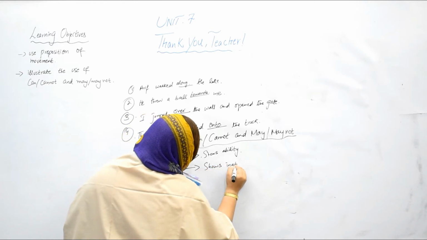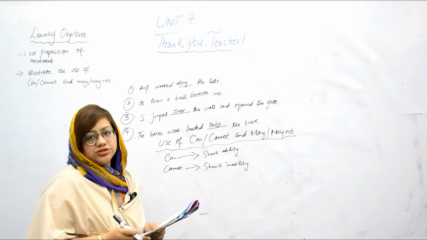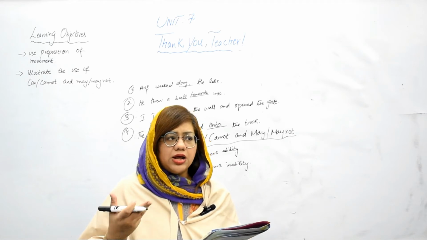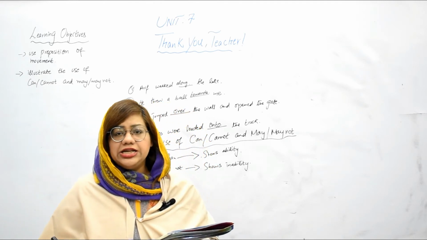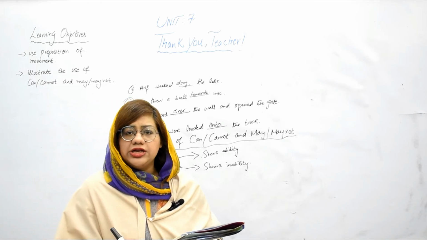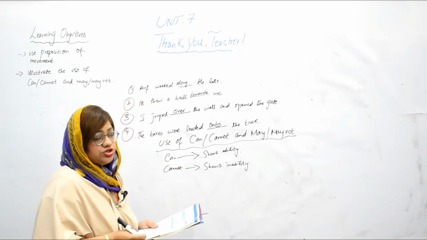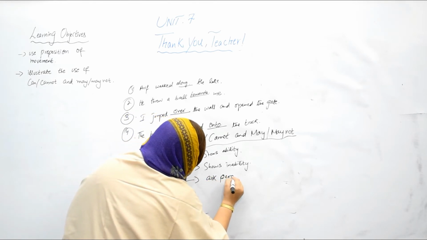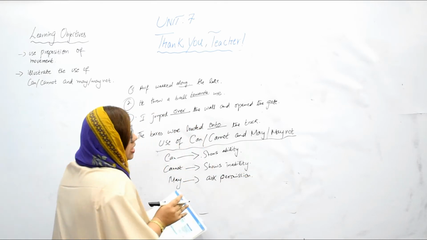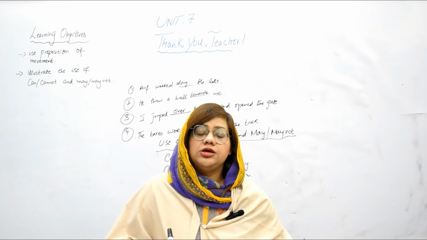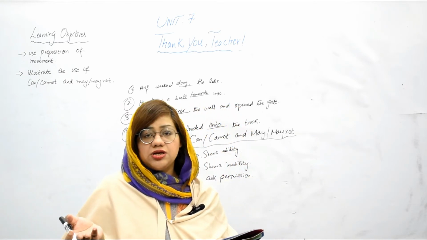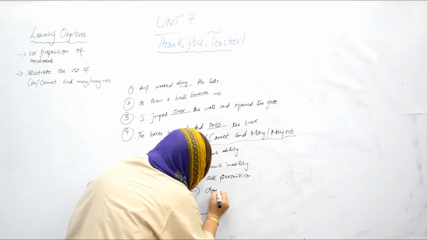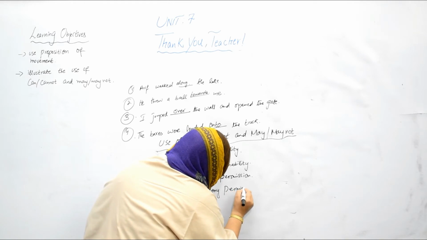Where do we use may in our normal daily life, where we use these sentences most often? May is used to ask permission. And we use may not whenever we want to deny that permission. May not denies permission.